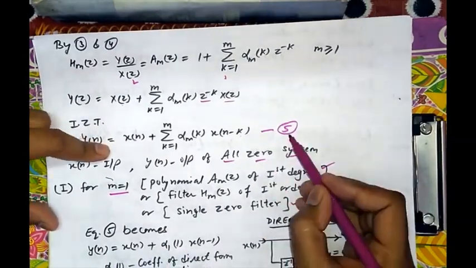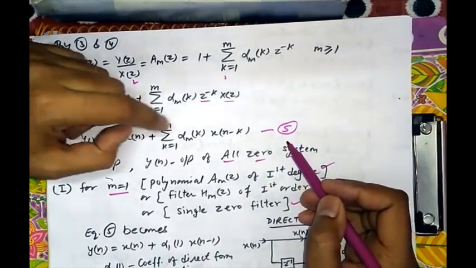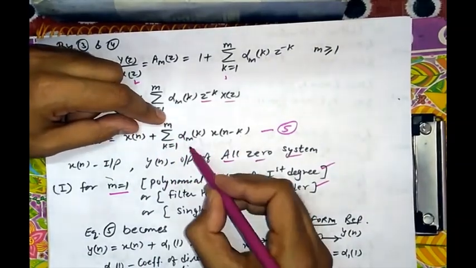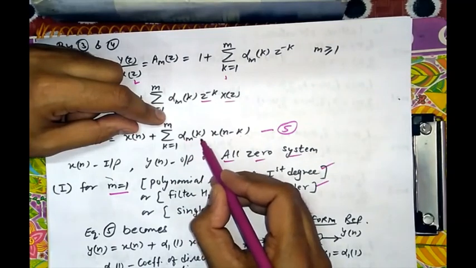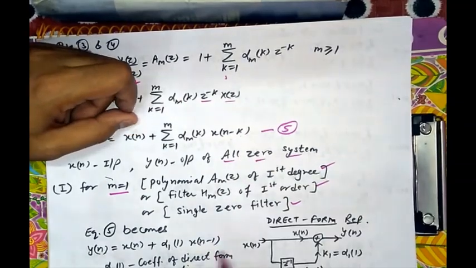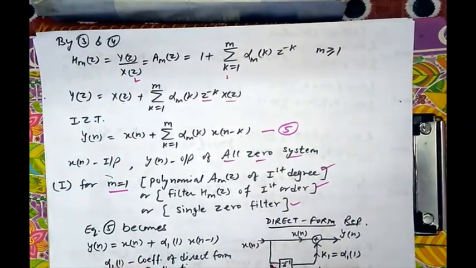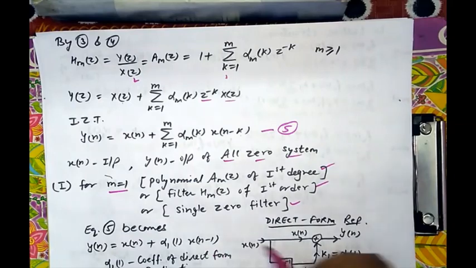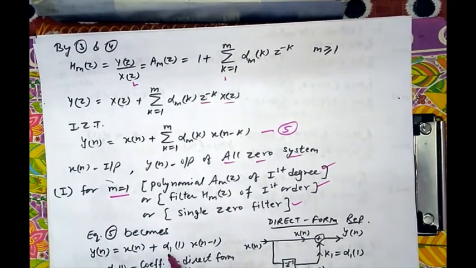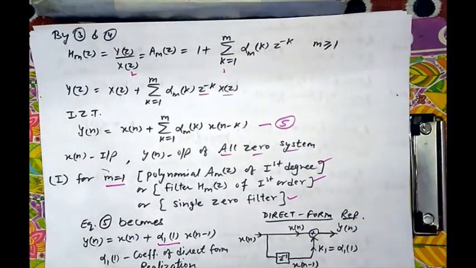Now equation 5 will become, after putting m equal to 1, k varying from 1 to 1, that is only one value, x(n minus k) with alpha(1,1). So the equation becomes this one. This is the first order filter, first degree polynomial A_m(z), and alpha is known as the coefficient of the filter, the coefficient of the direct form realization, or the coefficient of the polynomial.